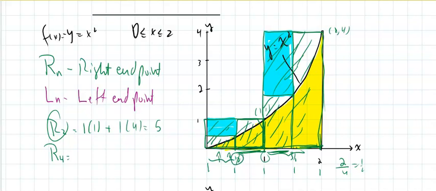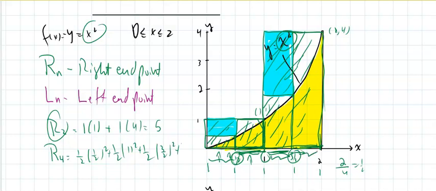This width now is 1/2. Again, it's just a rectangle. The height, isn't it whatever x is, y is that squared? So the height is 1/2 squared. Plus the second piece, the length is also 1/2. But at 1, I'll get 1 squared. Plus this is also 1/2, and the height will be 3/2 squared.